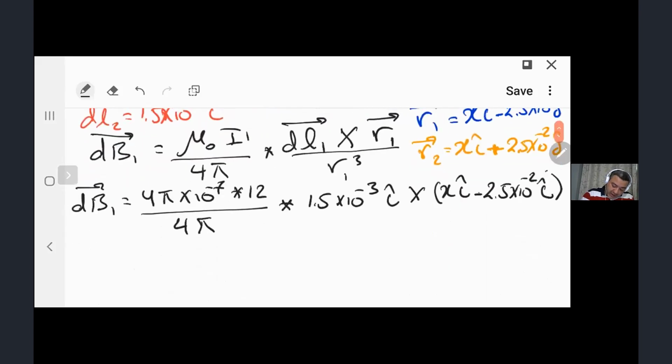Okay. Now, if you recall, doing a cross product between i hat and i hat is going to give you 0.